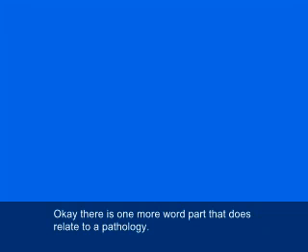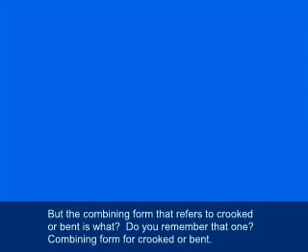Okay, there is one more word part that does relate to a pathology. Oddly enough, it is not a suffix, it is a combining form. Kind of rare. But the combining form that refers to crooked or bent is what? Do you remember that one? Combining form crooked or bent.